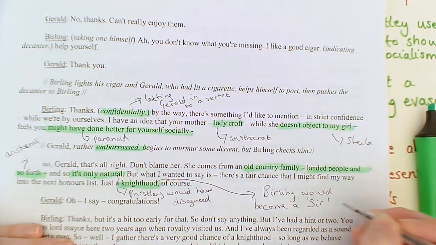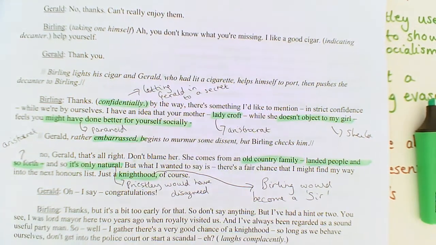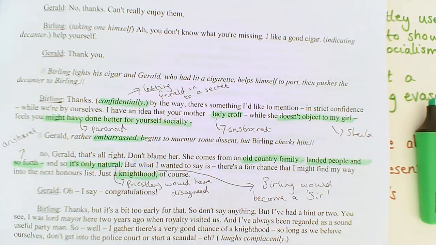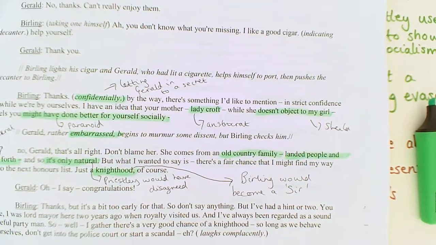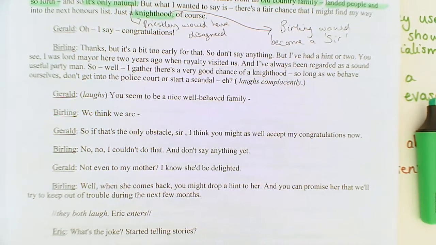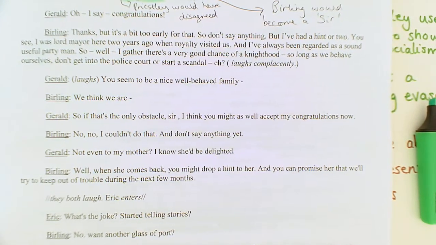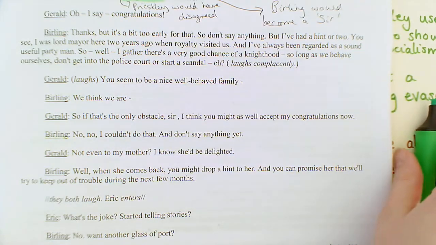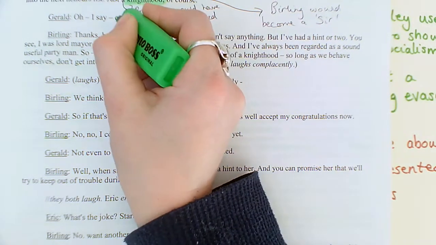Okay, he'd be Sir Birling. Now this would again raise his social profile. It would technically make him a member of the upper class, although he'd never have the same status as someone like the Crofts.